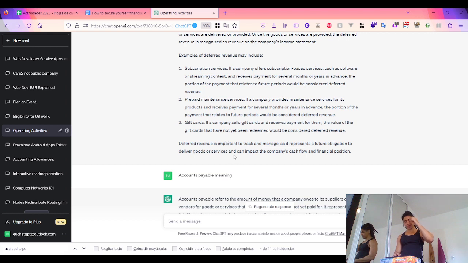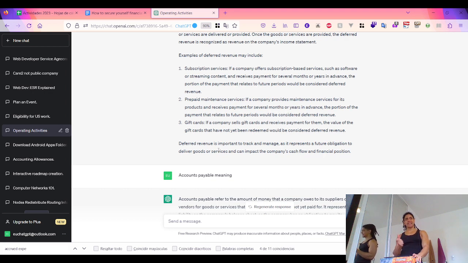Deferred revenue is important to track and manage as it presents future obligations to deliver a good or service. Exactly. This represents a future obligation to provide goods and services that can impact the company's cash flow and financial position.